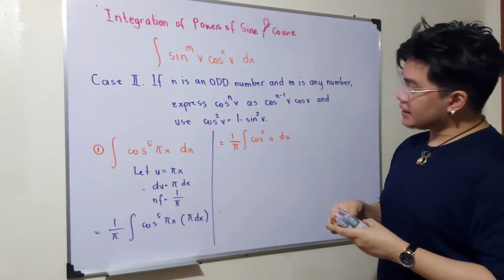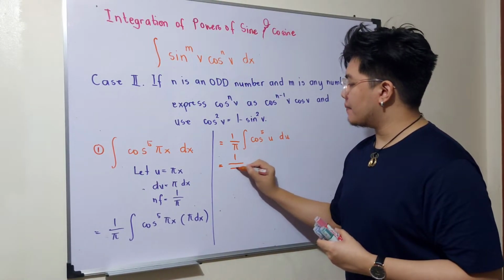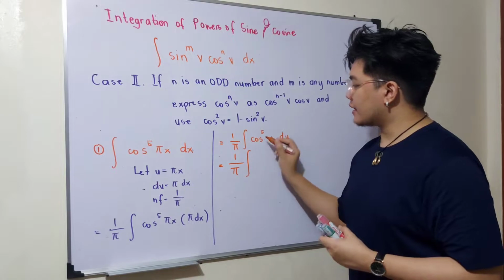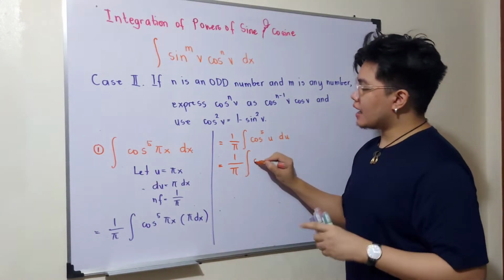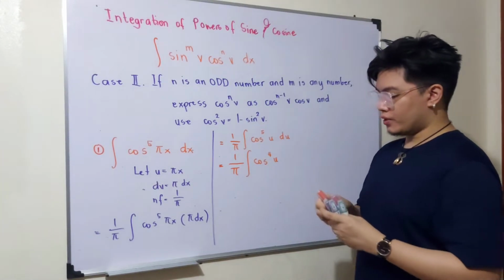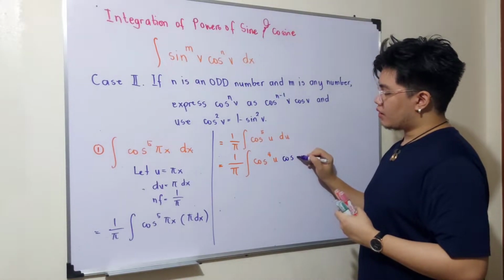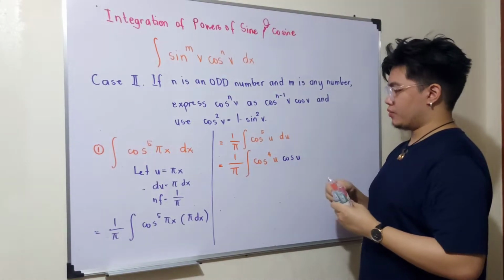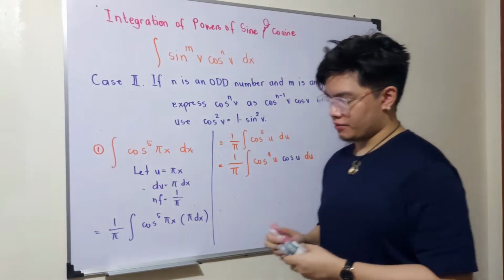For this case, gagawin natin to. So, we have 1 over pi. Nakaltasan natin si cosine raised to 5 ng isa. So, magiging cosine raised to 4 u. And then we have cosine u du. Okay.